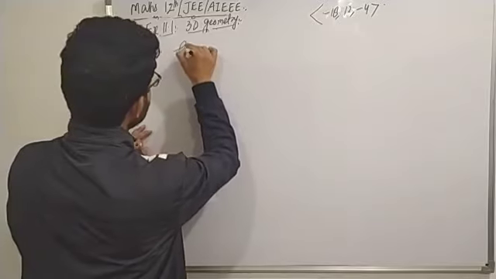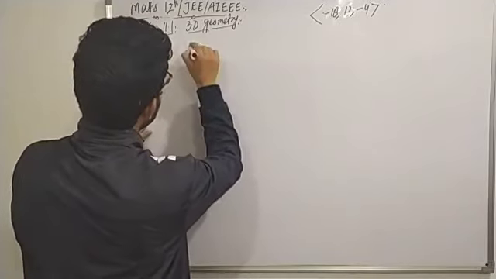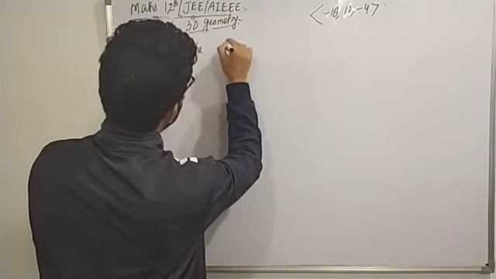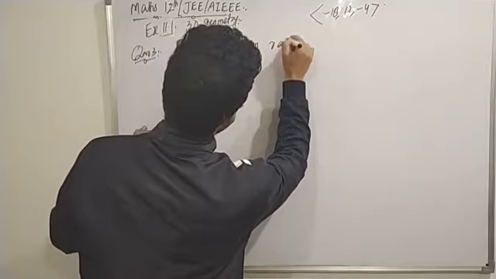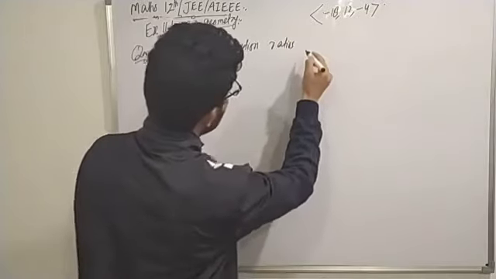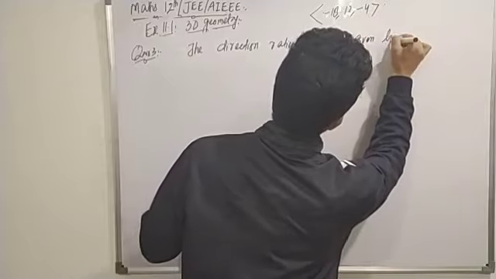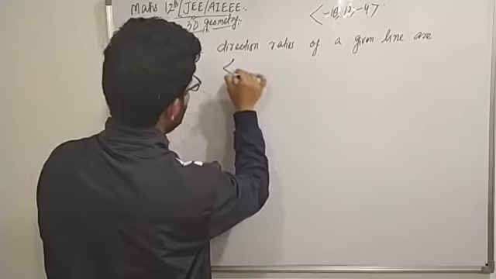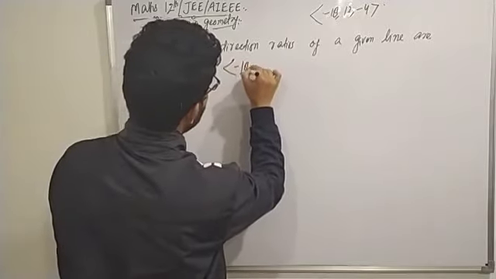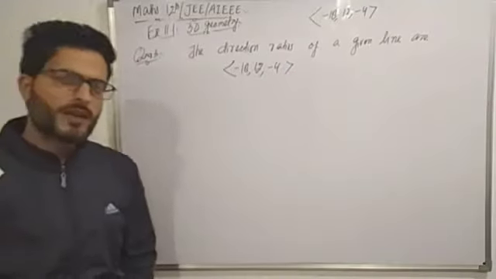Given: the direction ratios, or direction numbers as they are also called, of a given line are the ordered 3-tuple of -18, 12 and -4. These are the given direction ratios of a given line.